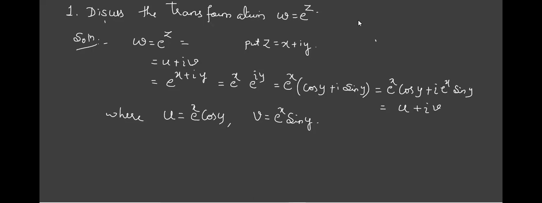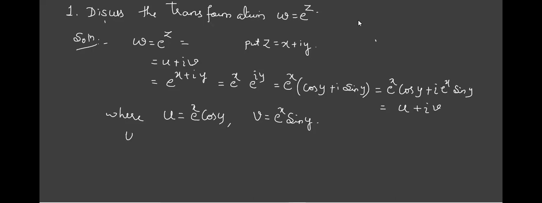Basic identity related to cos and sin. What is cos square theta plus sin square theta? It is 1. I said elimination, so there won't be a y.